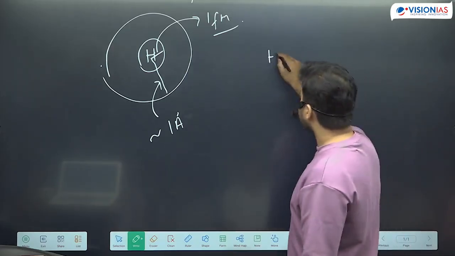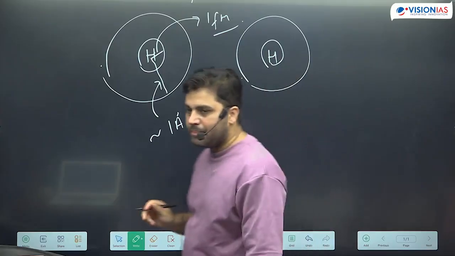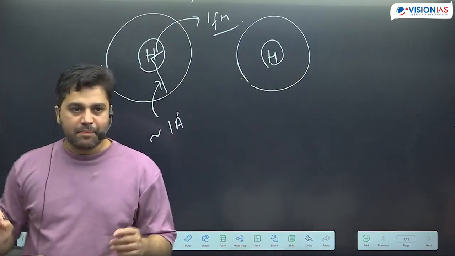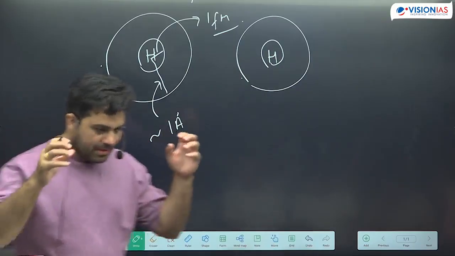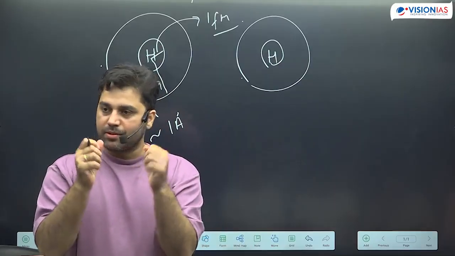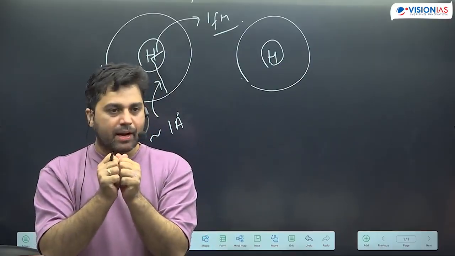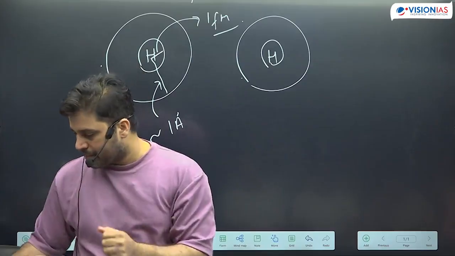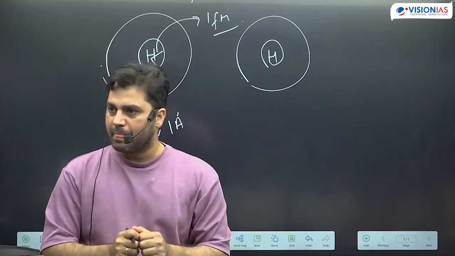And imagine another hydrogen atom of the same dimension, 10 to the power minus 15 meter and 10 to the power minus 10 meter. And now they are coming close to each other so that they can fuse together. Their protons, neutrons, in hydrogen you do not have neutrons, but they can fuse together and they can produce a heavier nucleus, which is helium.